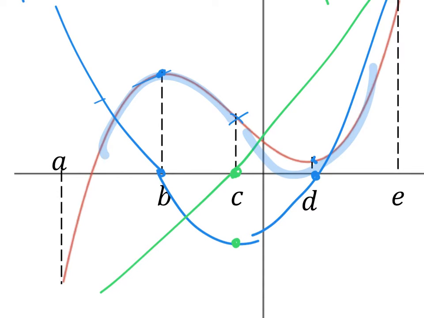Negative, right? At B, the value of the second derivative is negative. At D, which is concaving up, is the second derivative positive or negative? It's positive. So we can use the second derivative to tell us whether it's going to concave up or down by looking at the sign.